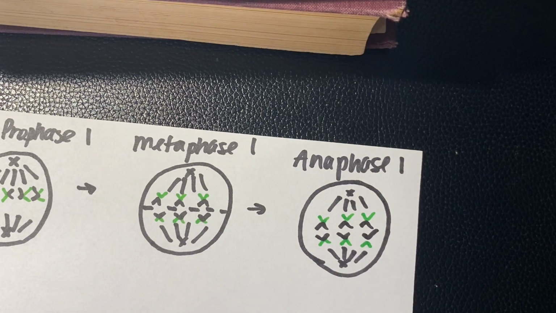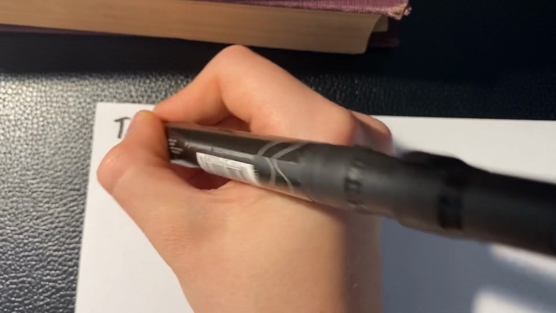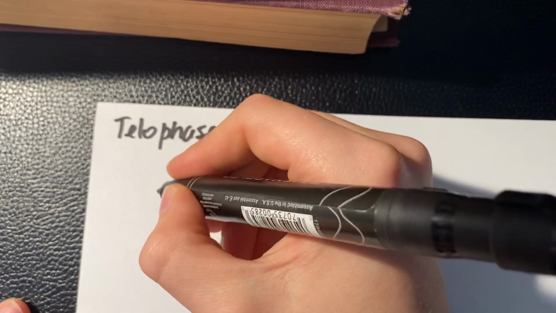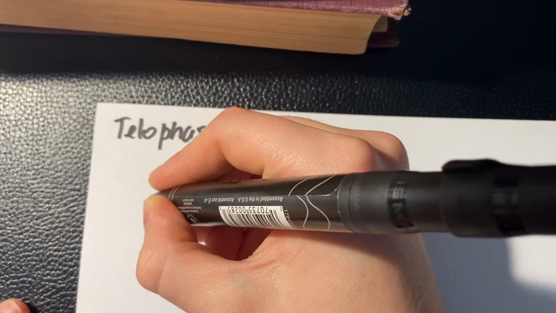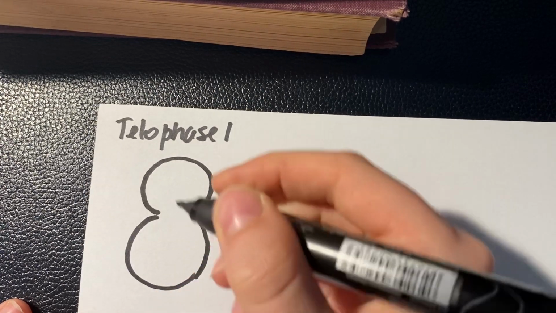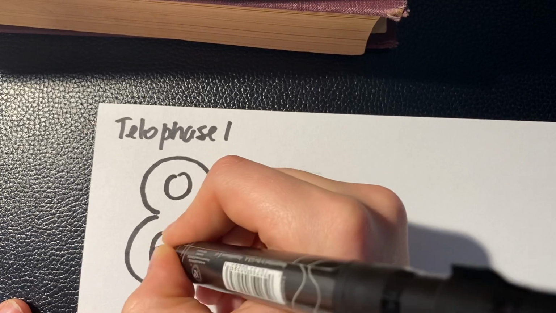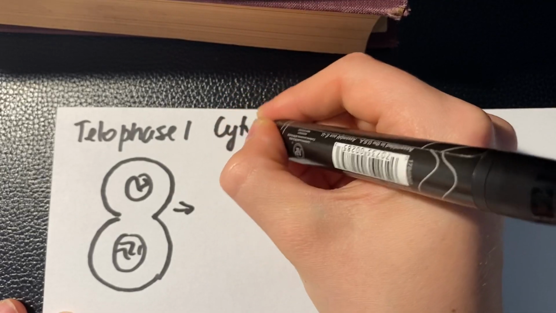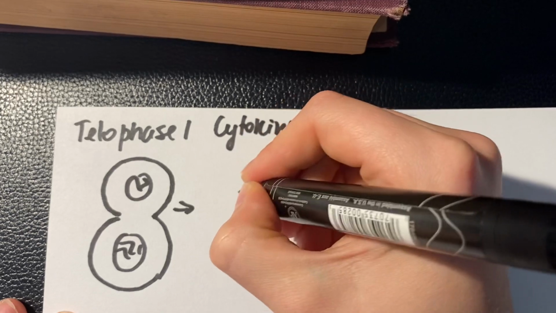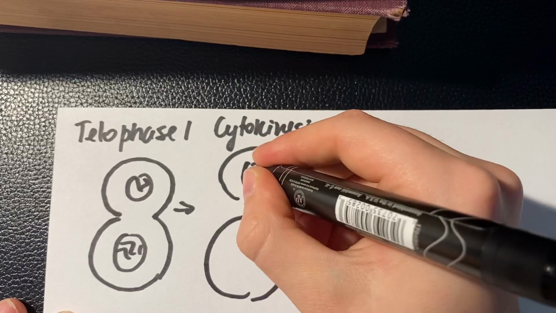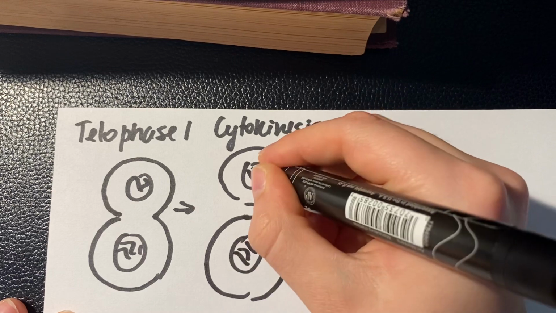After anaphase 1, we go into telophase 1. In telophase 1, two nuclei are newly formed with disorganized DNA, while at the same time we have cytokinesis that completely separates them into two different cells with genetic information organized at the nucleus.